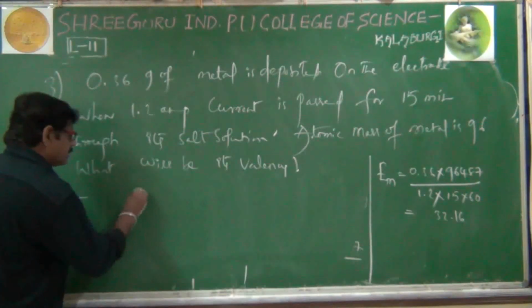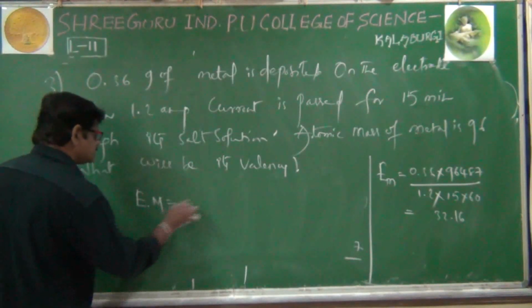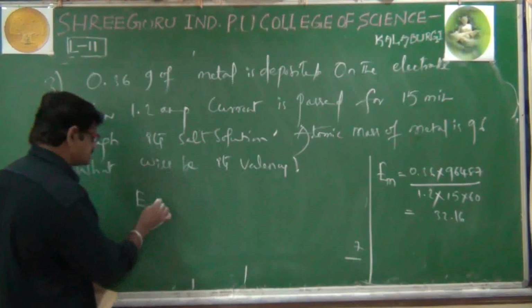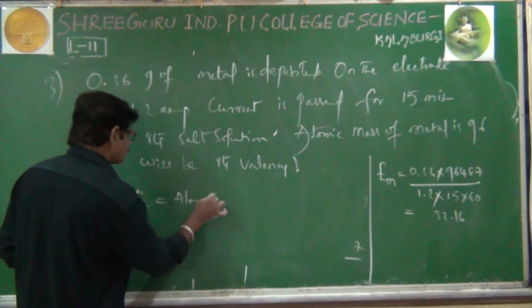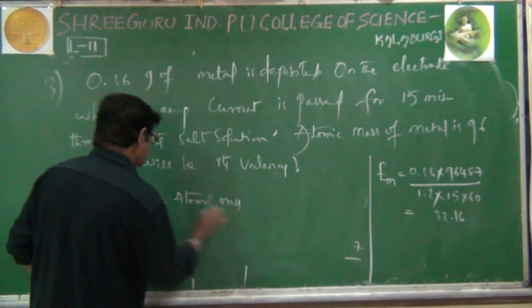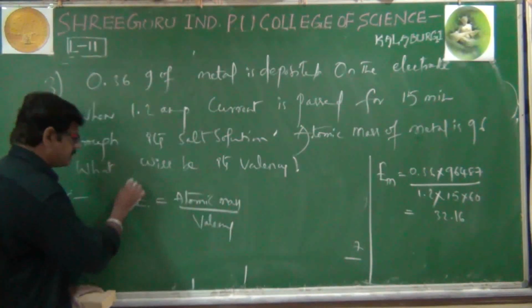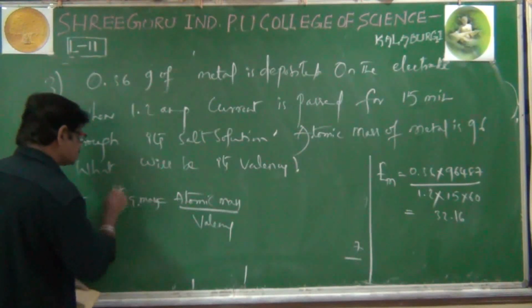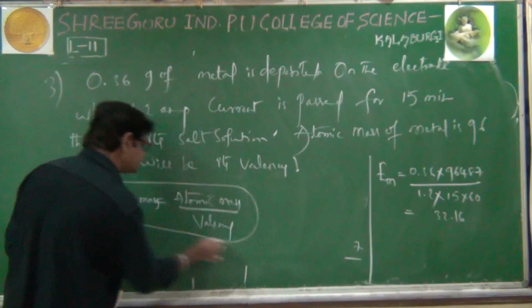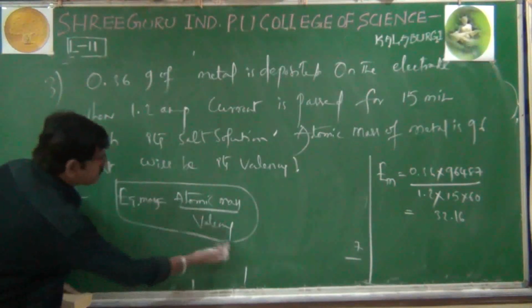Then we have the formula: equivalent mass is equal to atomic mass divided by valency. Now valency comes here and equivalent mass goes there.